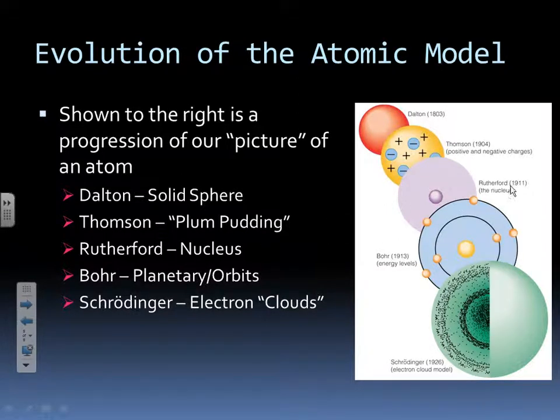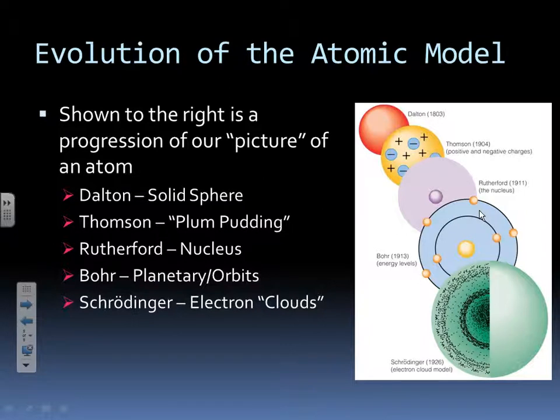But then Rutherford discovers the nucleus, right? And takes all of that positive material and puts it in a very small space right in the middle. The electrons just exist somewhere around the outside. But then Bohr says, no. Electrons exist in these nice defined orbits.